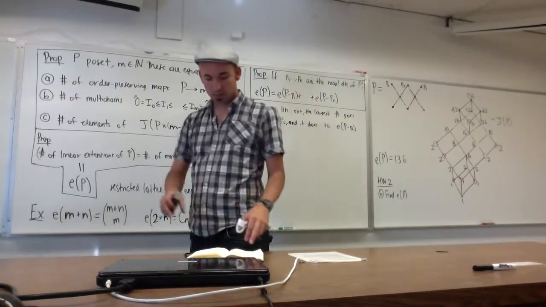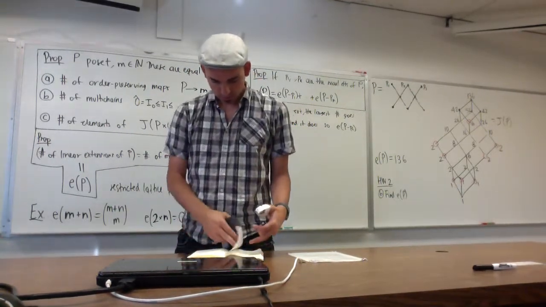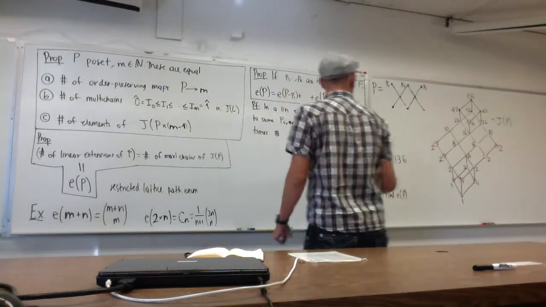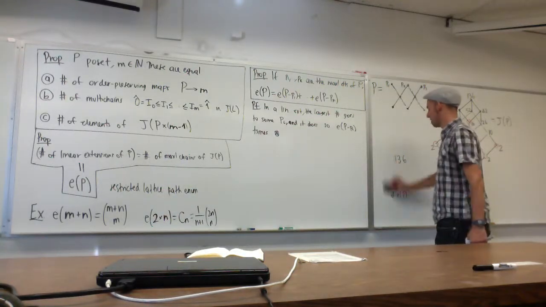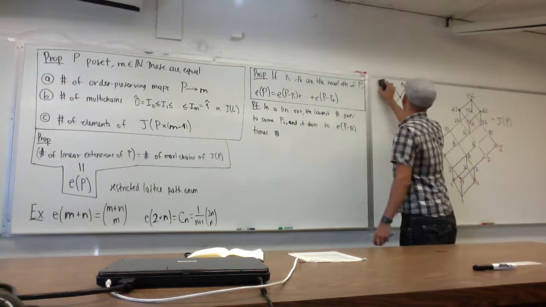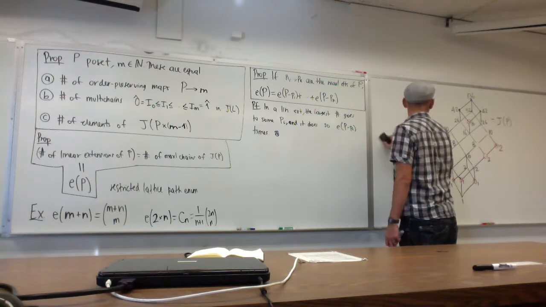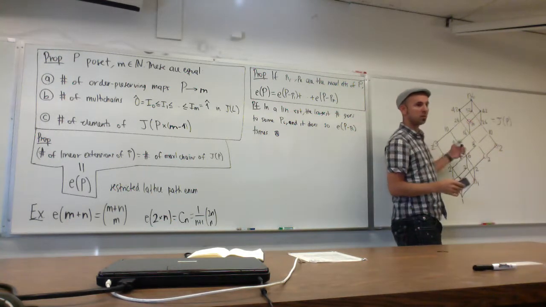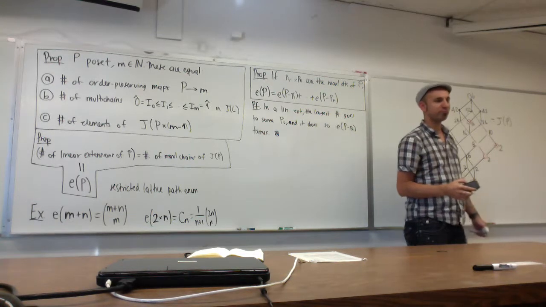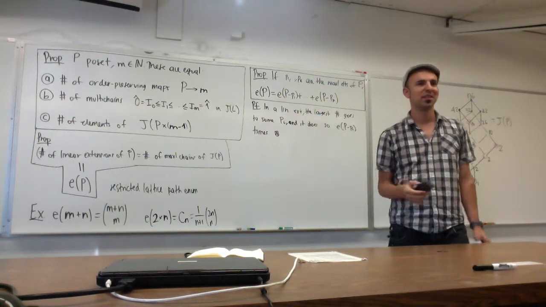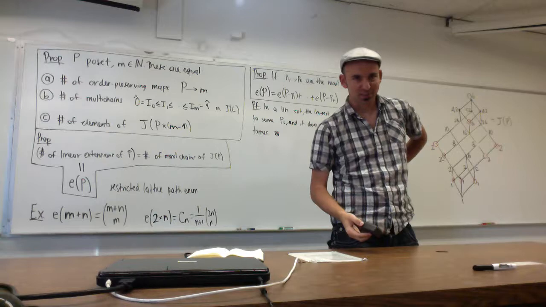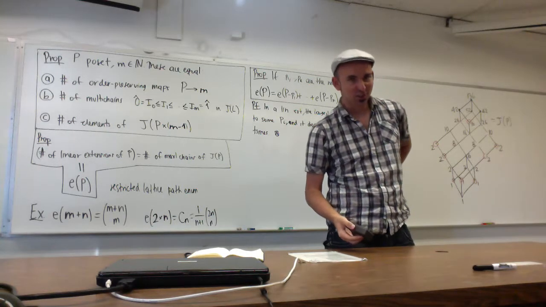I think this is all I'm going to need this picture for, so I'm going to erase now over here. Does this have a name? This? Not really, no. I guess you could call it a generalized Pascal's non-triangle.